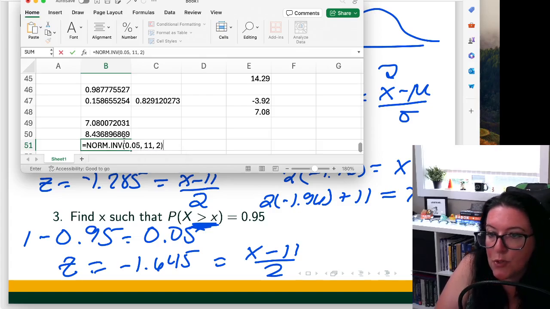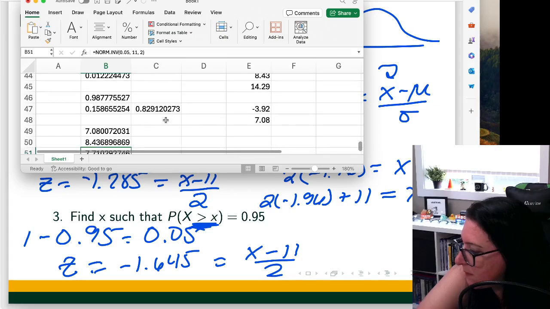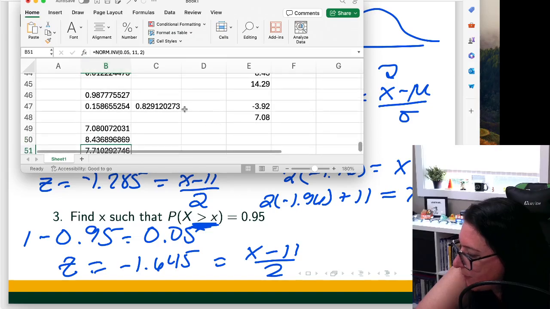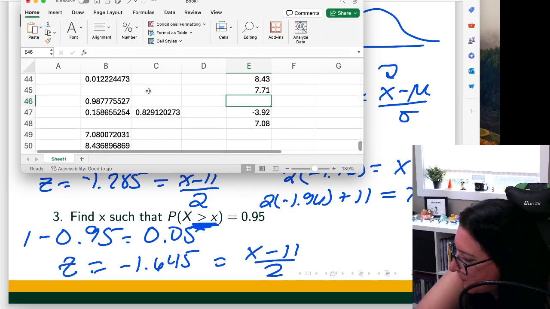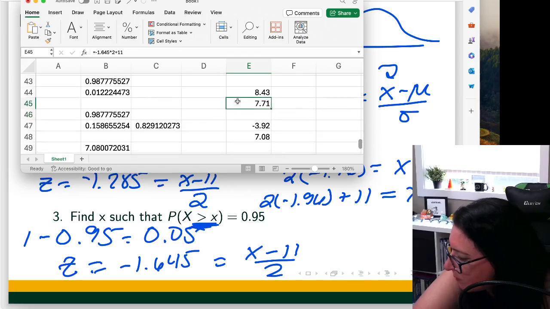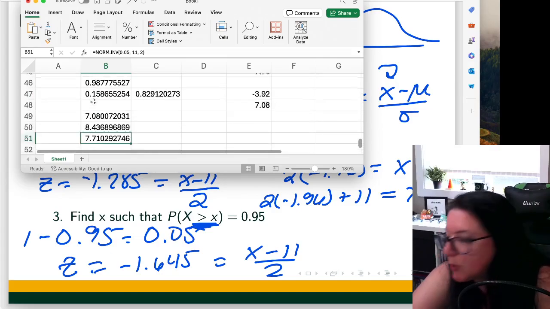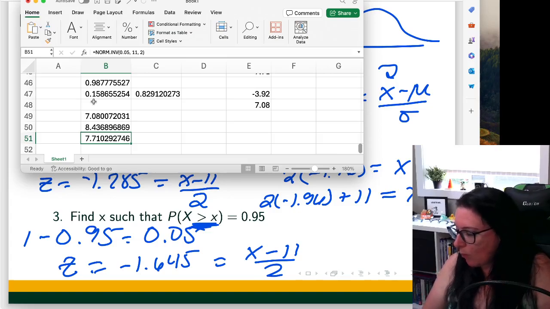And 11 and 2. How do we do? 0.05, 11 and 2. I'm going to type in inverse. Okay. And that was it. Is that right? Negative 1.645 times 2 plus 11. 7.71. Okay. Too many numbers. Can't keep them all track. All right. So we get 7.71.